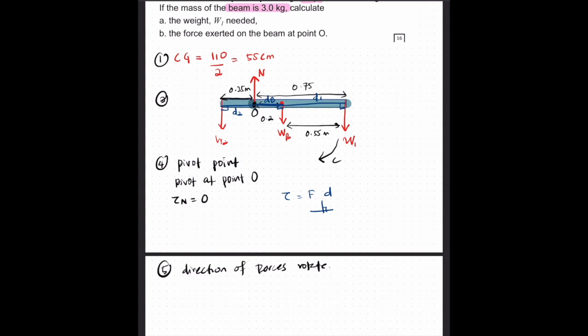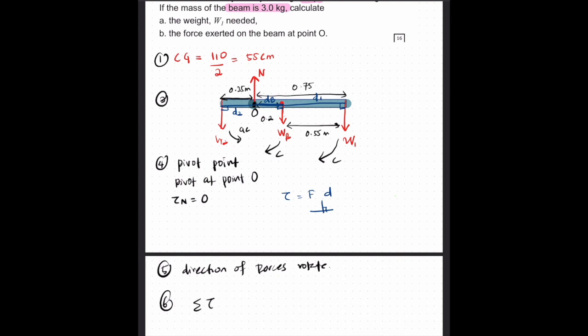Same goes for WB. When you pull downward, it will rotate clockwise. For W2, if you pull downward, it will rotate anti-clockwise.